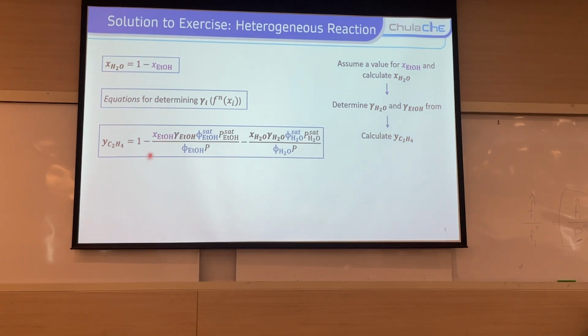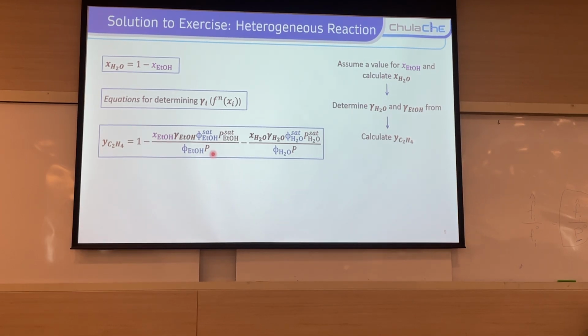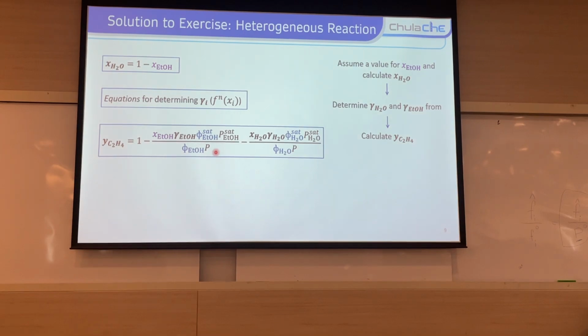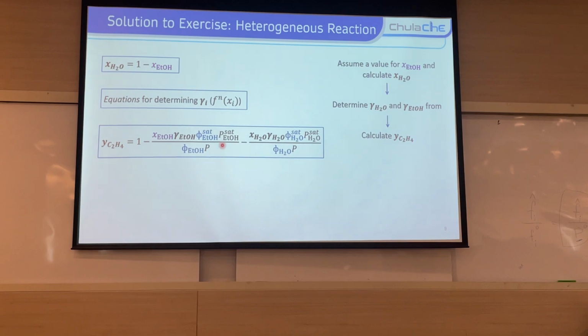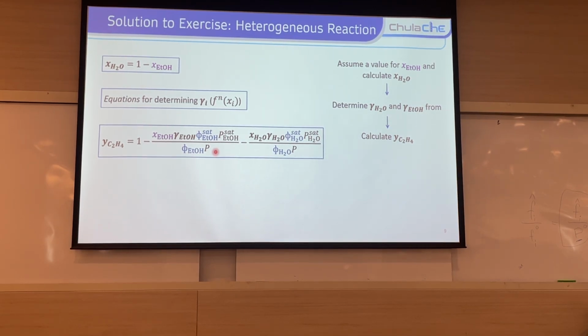As you can see in this equation, what you already know is the pressure, which is 34.5 bar, and the Psat, or the vapor pressure, you can calculate using the Antoine equation. So the only parameter you still have to determine before this calculation is the fugacity coefficient at the vapor pressure of this species, for the ethanol and the water.